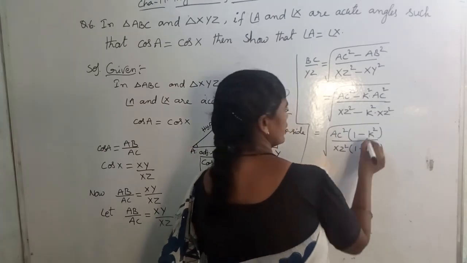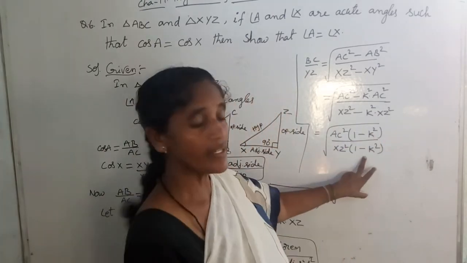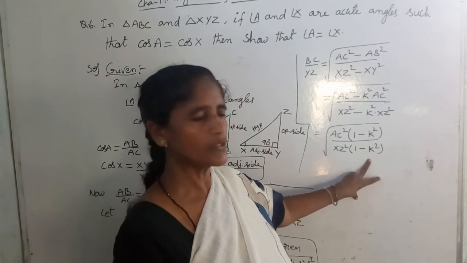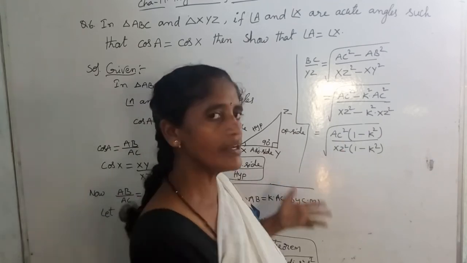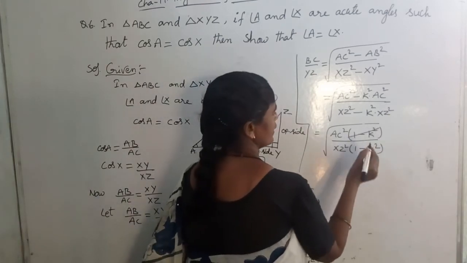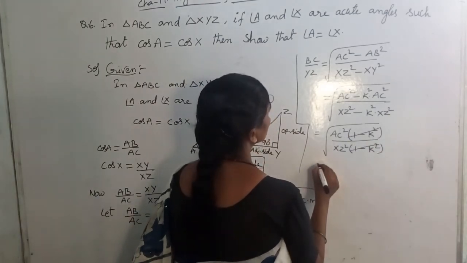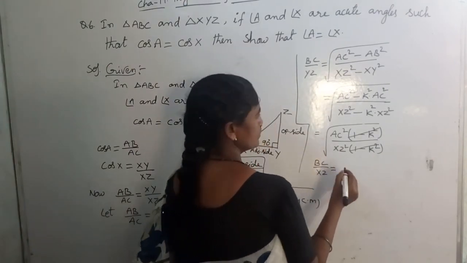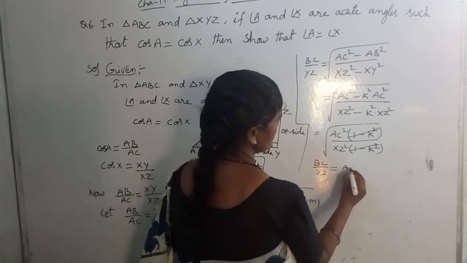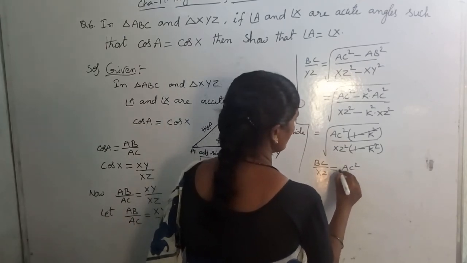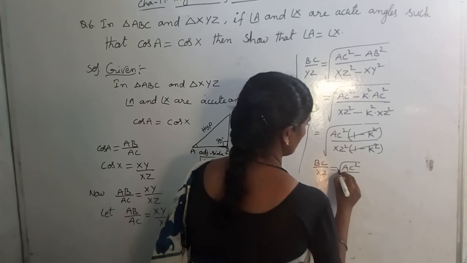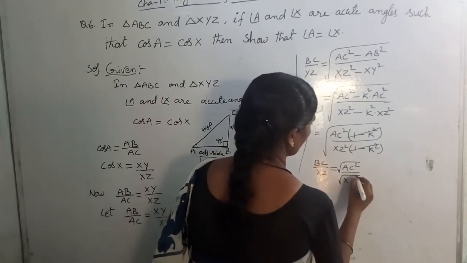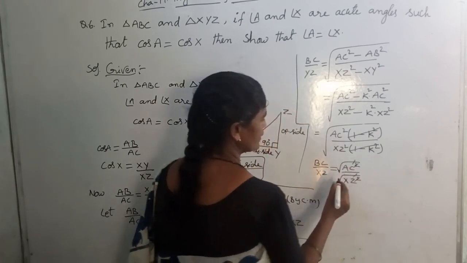Root of 1 minus K square in numerator as well as in denominator is the same, so we can cancel that. Now BC by XZ is equal to AC square by XZ square. Square root gets cancelled.